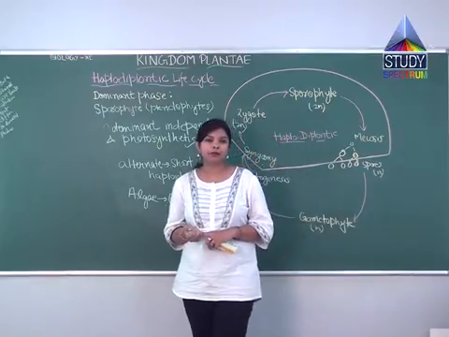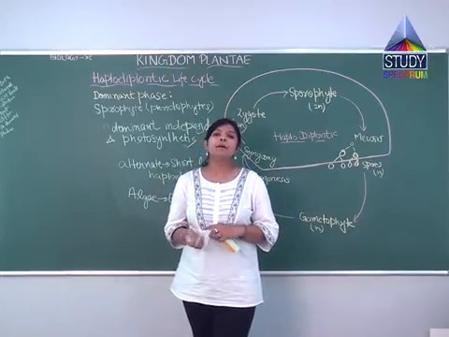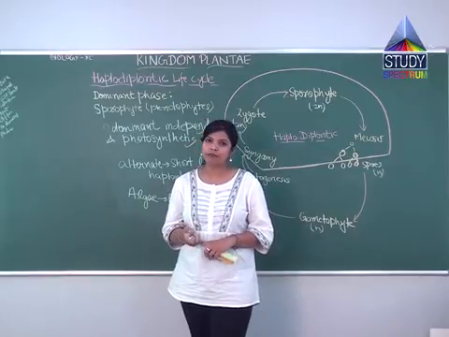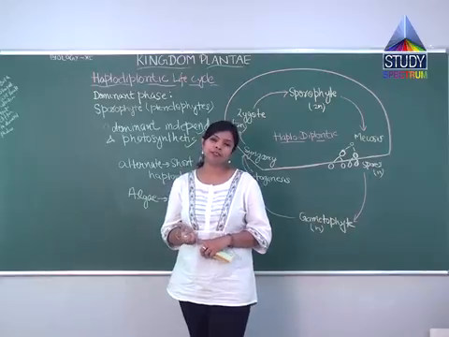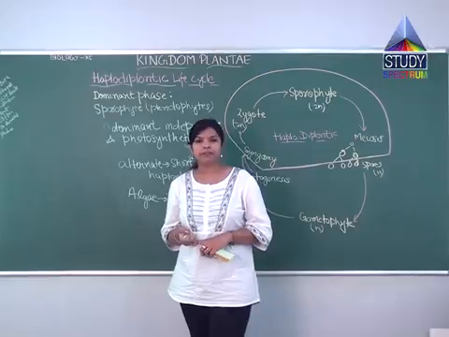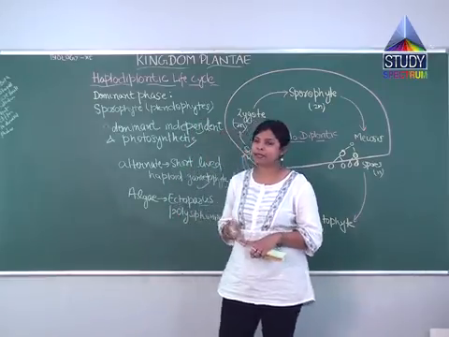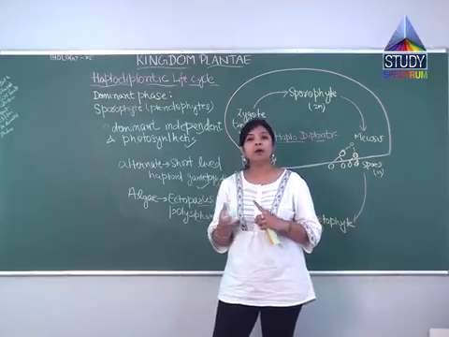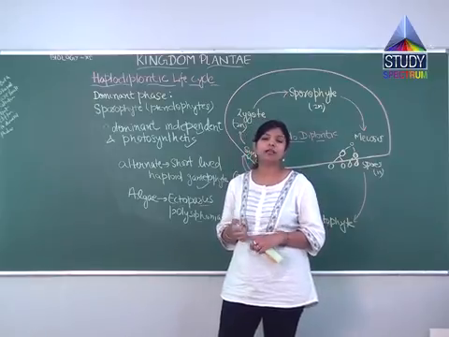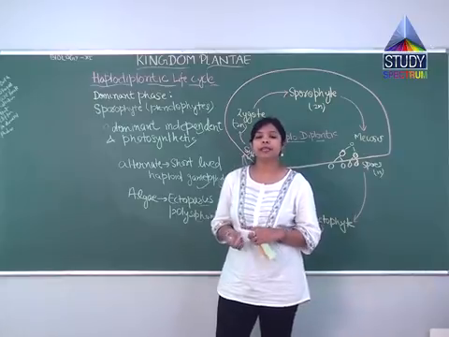Pteridophytes show the heteromorphic alternation of generation, means one phase will be the sporophyte and another phase will be the gametophyte. The main plant body is the sporophyte, well differentiated into stem, roots and leaves. As the main plant body is sporophyte, it is diploid and dominant, whereas the gametophyte is haploid, green and independent.